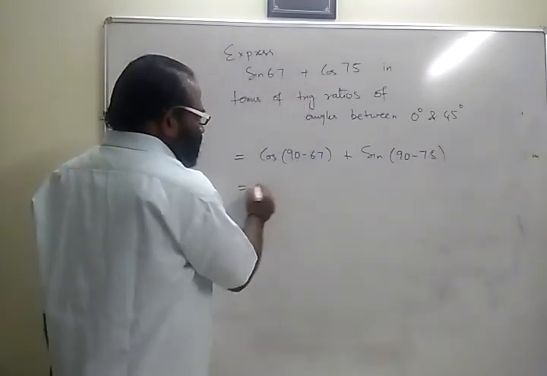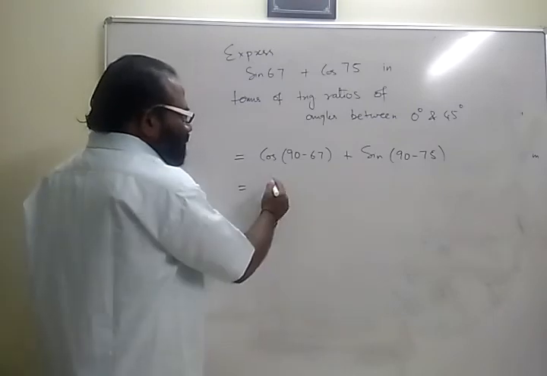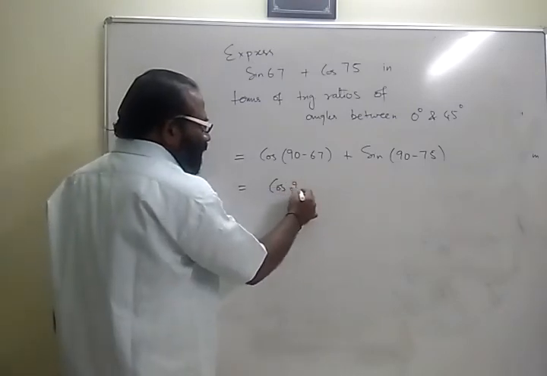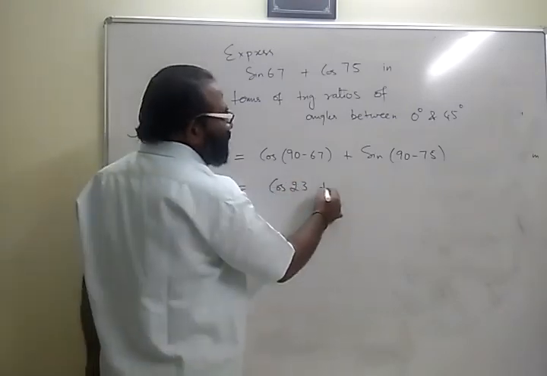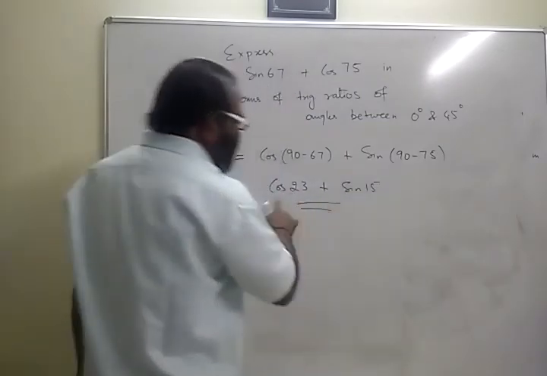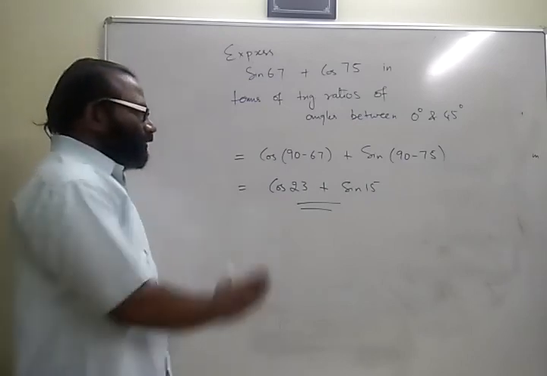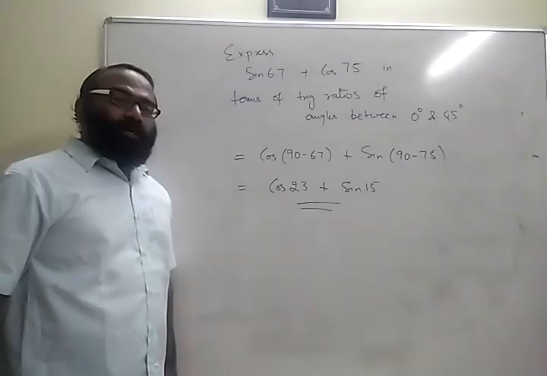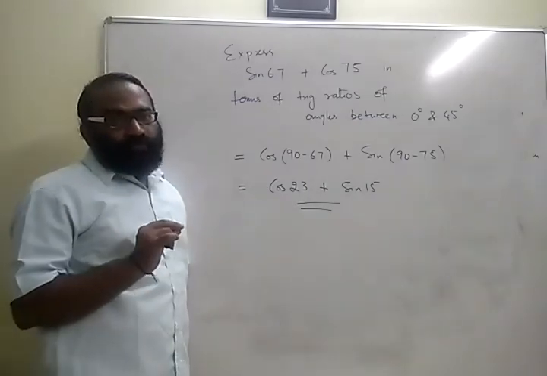Now this becomes cos 23 plus sine 15. So now I have it in trigonometric ratios where the angles are between 0 and 45.